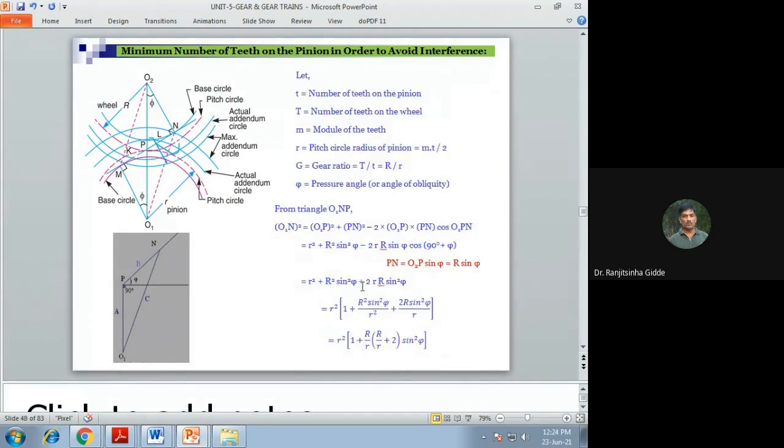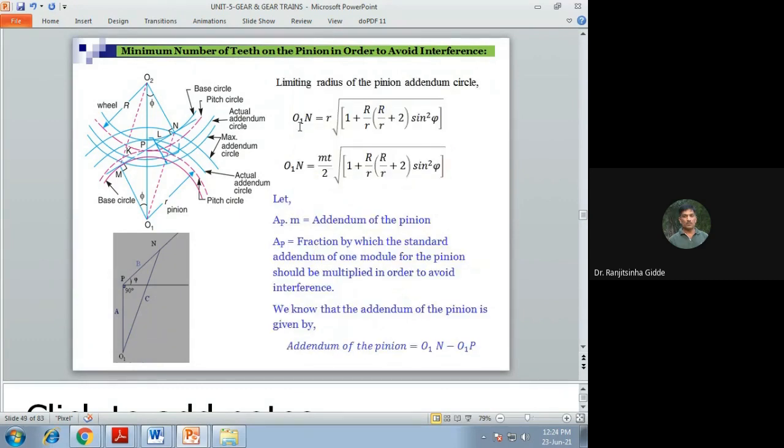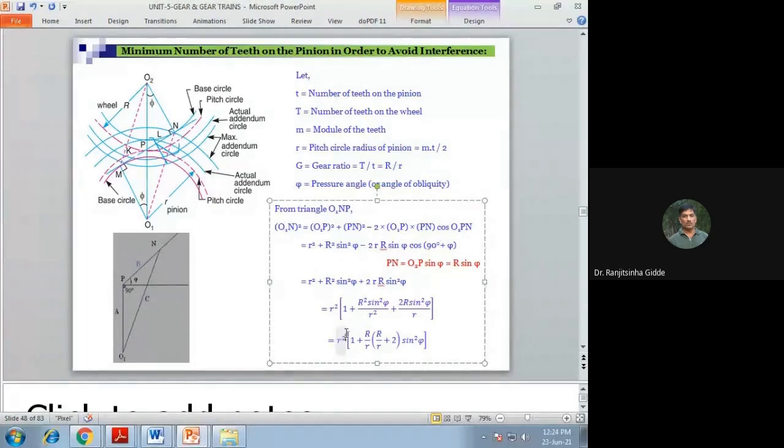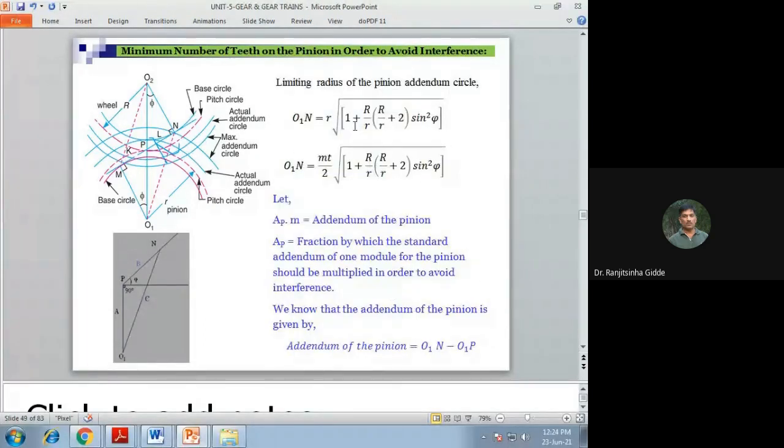So we have taken the square root for both the sides: O1 n, then for the right hand side r square, we will get r, and the remaining bracket should be under the square root.